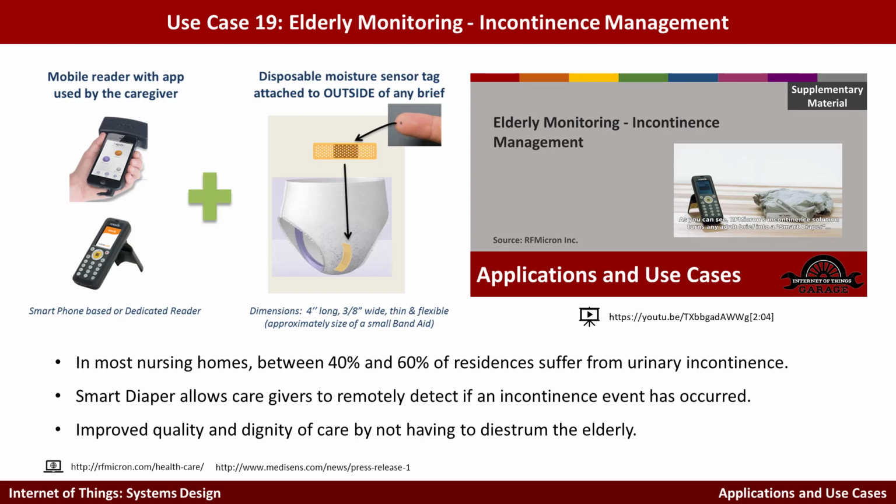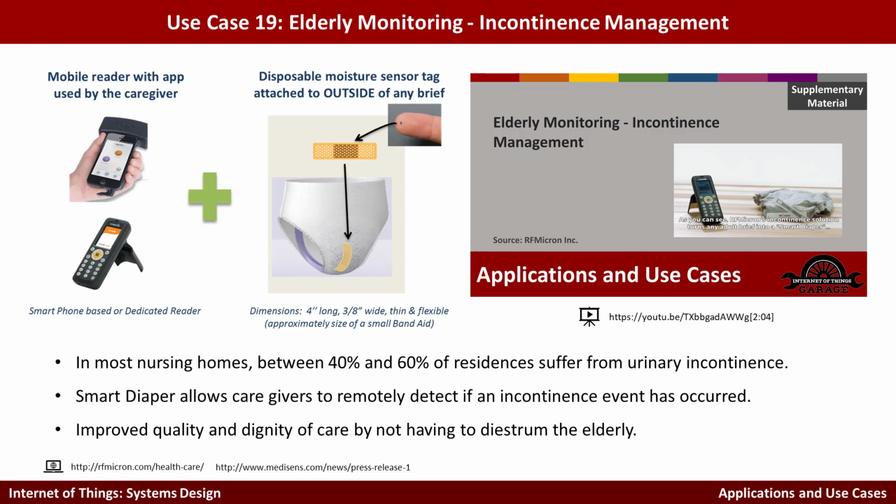This use case focuses on elderly monitoring, especially incontinence management. They have developed a small sensor that you can put on a diaper, which elderly people, especially in nursing homes, do wear. It will tell the care workers when to change the diapers or any signs of infection. 40 to 60% of nursing home residents usually suffer from incontinence.